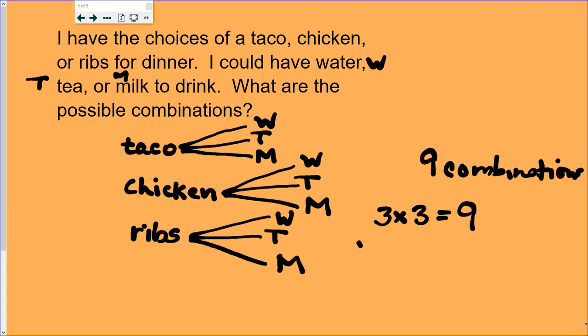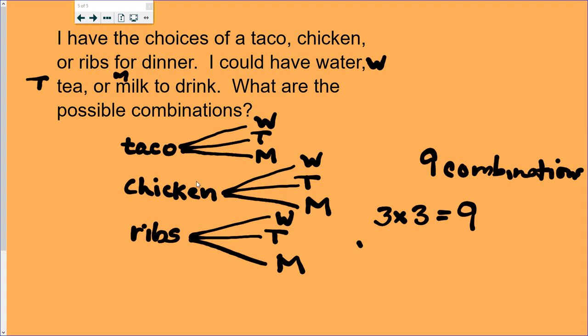And that can help you also come up with your amount of combinations. But when they ask you what combinations could you have, you'll want to make these trees like this. And they give you an example of that in your book as well.